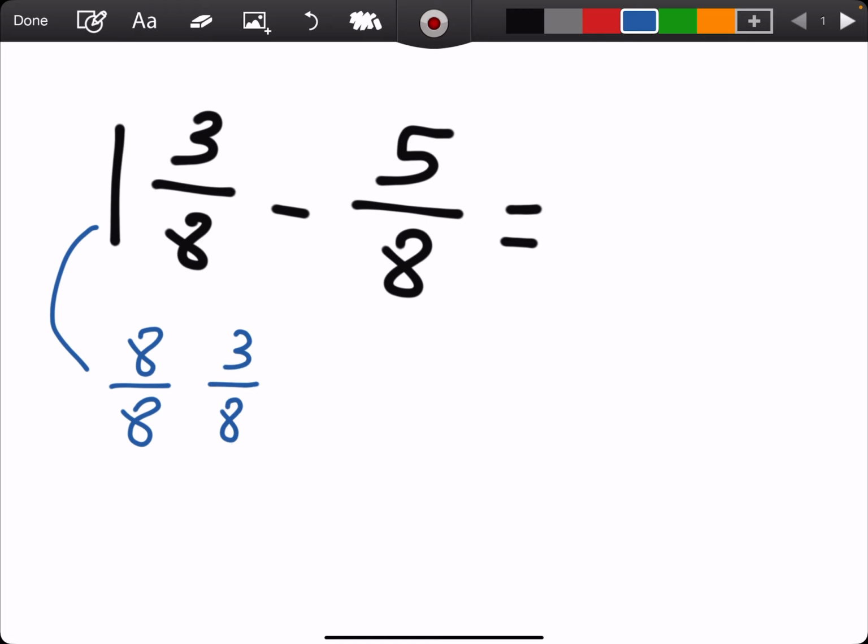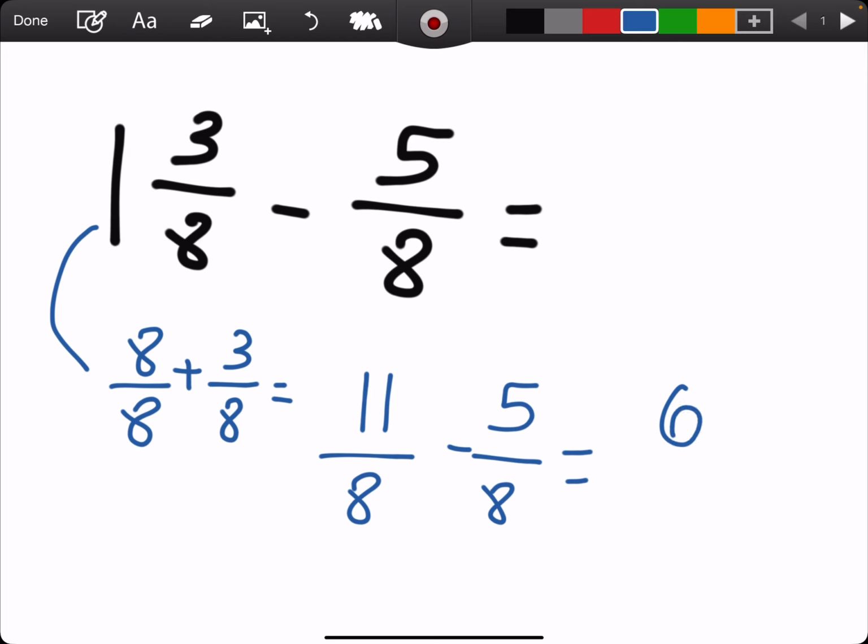So 1 whole and 3/8 gives me 11/8. Now, can I subtract 5/8? Now I can. So 11/8 minus 5/8 equals 6/8. And that is my answer for this problem.